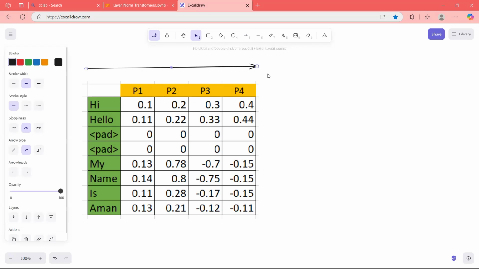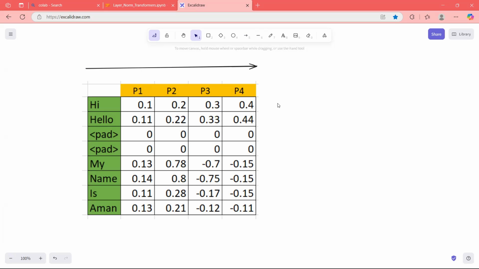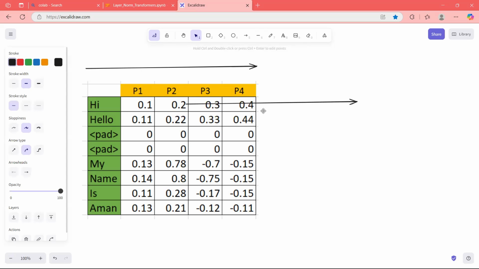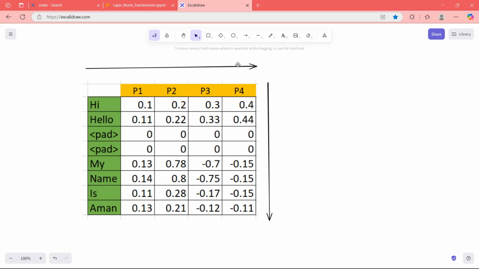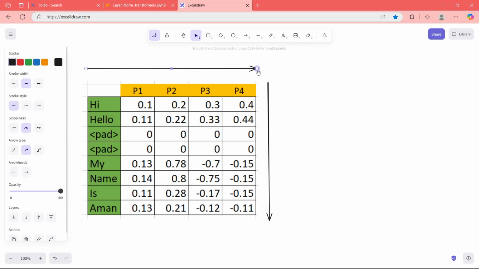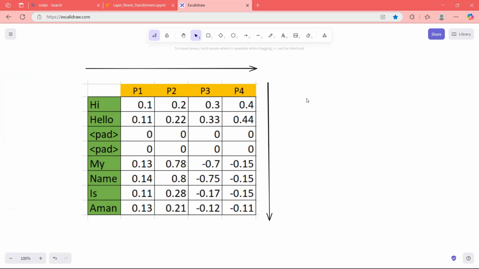Now, once you have this, you have two options of normalizing. One option is normalizing vertically, and another option is normalizing horizontally. If you normalize vertically, you will normalize feature by feature.